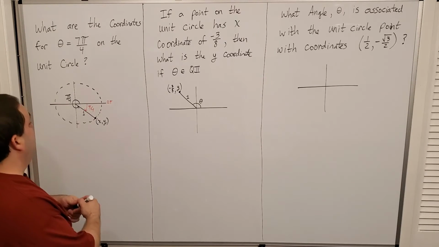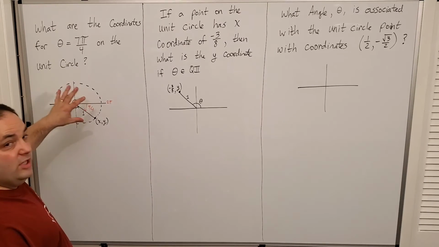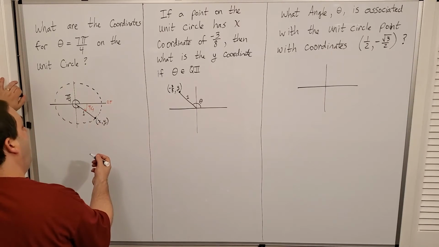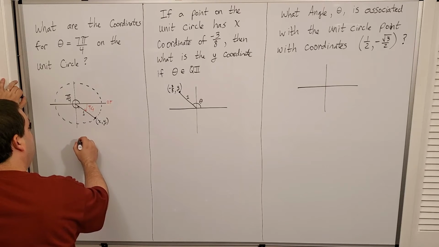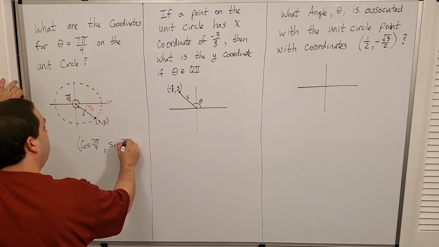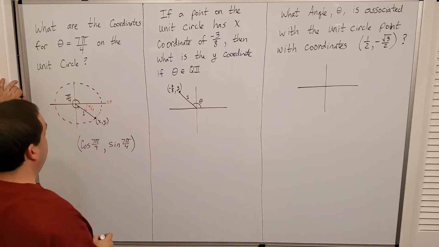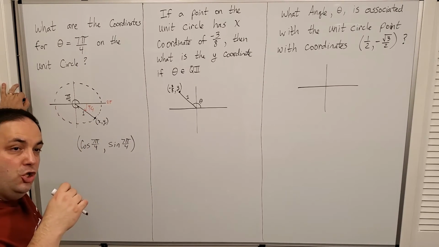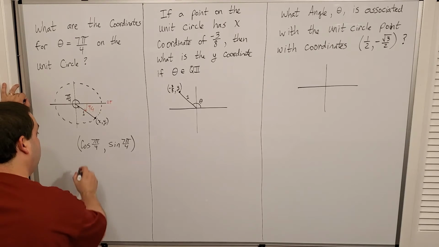Okay? And if I'm on the unit circle, the x is just the cosine and the y is just the sine. So I've got cosine 7 pi over 4, comma, sine 7 pi over 4. I'm going to use the reference angle to get the number portions of the answers.